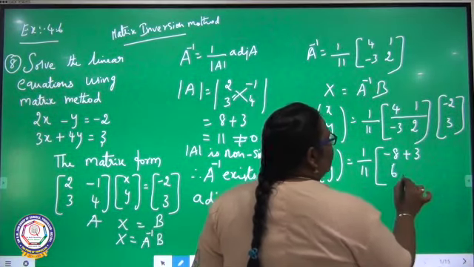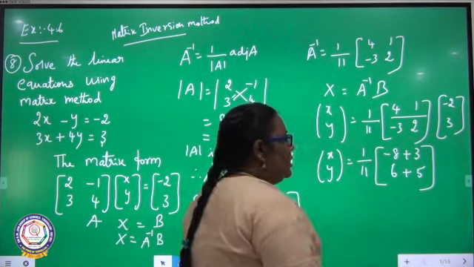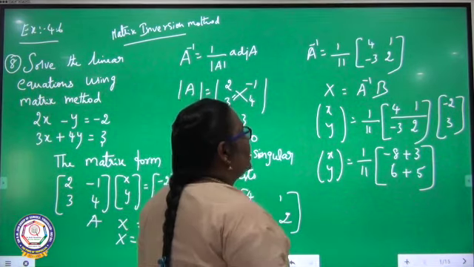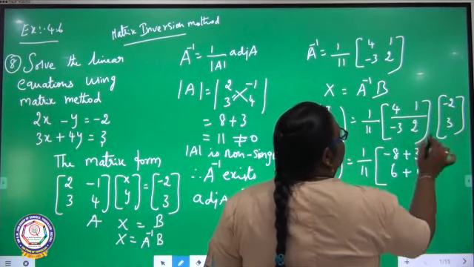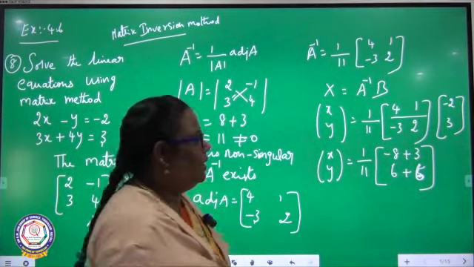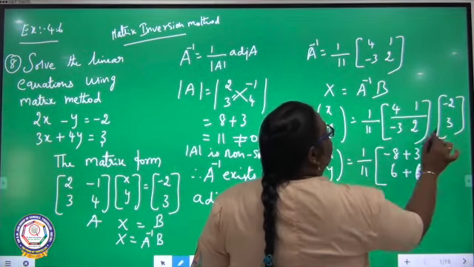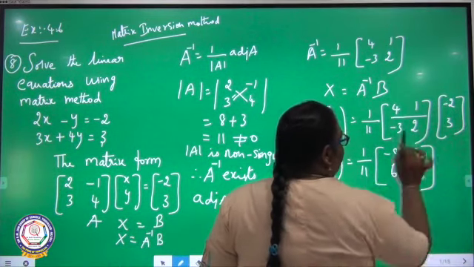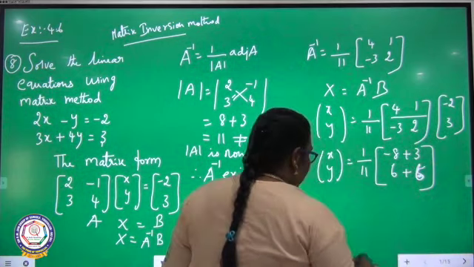Minus into minus becomes plus, 2 3s are 6. See here, 4 into minus 2 is minus 8, 1 into 3 is 3; minus 3 into minus 2 is 6, 2 3s are 6.